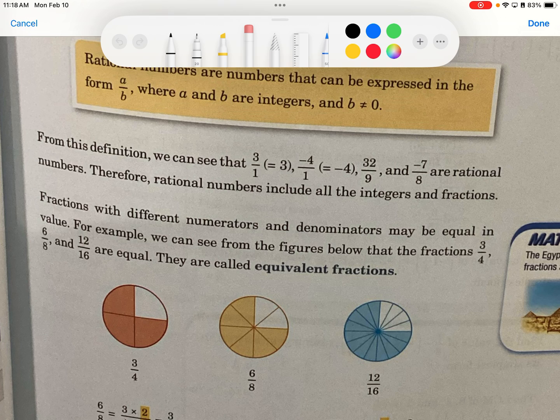From this definition, we can see that 3 over 1 equals 3, negative 4 over 1 equals negative 4, and 32 ninths and negative 7 eighths are rational numbers. Therefore, rational numbers include all the integers and fractions. So, rational numbers are fractions.